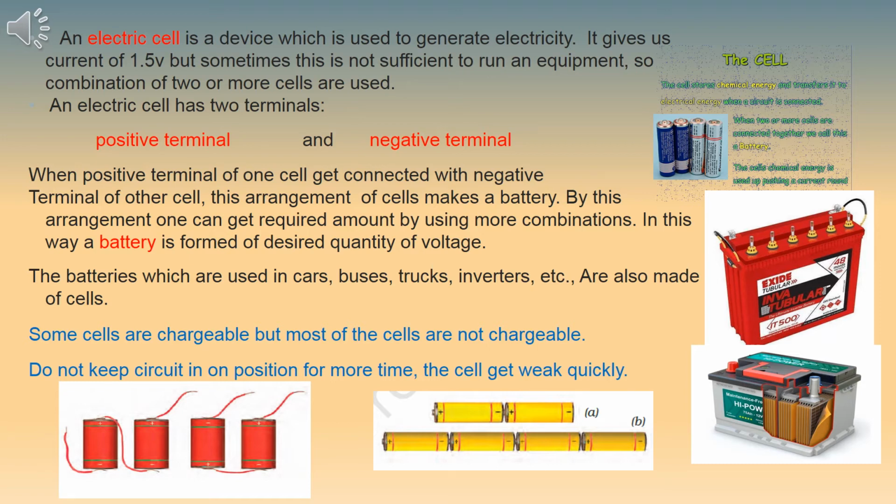The first is the positive terminal and the other is the negative terminal. When the positive terminal of one cell gets connected with the negative terminal of another cell, this arrangement of cells makes a battery. By this arrangement, one can get the required amount of current by using more combinations. In this way, a battery is formed of the desired voltage. The batteries which are used in cars, buses, trucks, inverters are all made of cells.